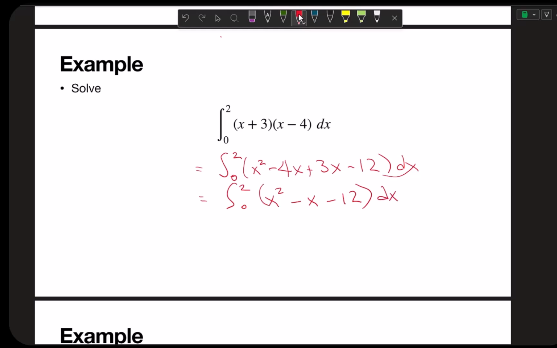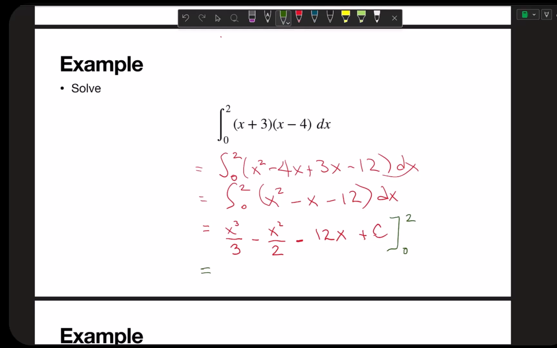I can separate these into separate integrals, or I can just say this is x to the third power rule, minus x squared over 2 power rule, minus 12x. And why am I not adding my plus c? Let's just do it. I'll show you why. And I'm going to evaluate this from 0 to 2. Start with 2.